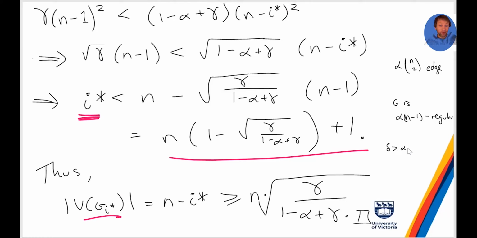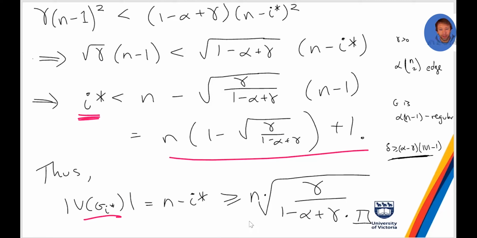it does anything. It wouldn't delete any vertex because the minimum degree is already at least alpha minus gamma, where gamma was something bigger than 0, times the number of vertices minus 1. That was the condition we were trying to satisfy. So it could have been satisfied right from the beginning, in which case we would just stop immediately. It could be satisfied after only a few steps.